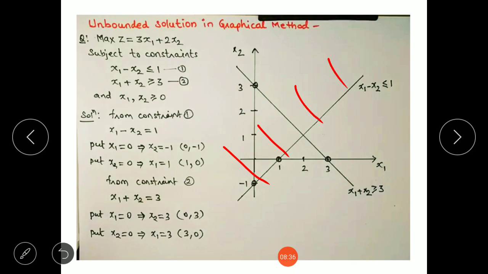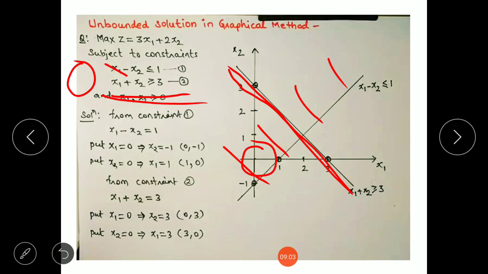Now if we need to find the region x1 plus x2 greater than or equal to 3, we'll plot the line x1 plus x2 is equal to 3. We have plotted the line as I have told you just now. Now for finding the region, again we'll put x1, x2 is equal to 0, 0 coordinates in this inequality constraint, and we'll see whether the constraint gets satisfied or not. After putting x1 is equal to 0 and x2 is equal to 0, we get 0.